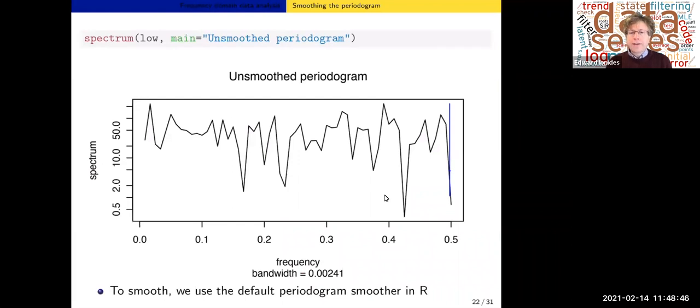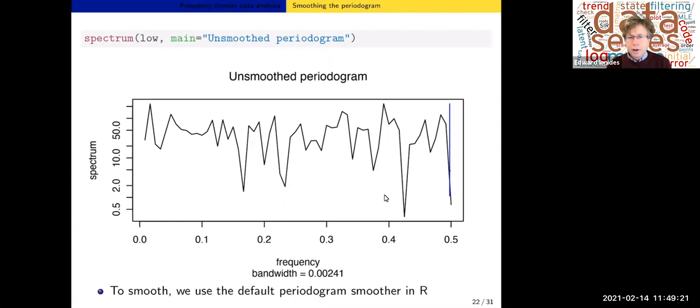So here is the unsmoothed periodogram, which is calculated here using the spectrum function in R. And as we discussed before, we're going to need to smooth the periodogram to get a good estimate of the spectral density, which will tell us which frequencies, if any, there's a pattern in Michigan winter temperatures.